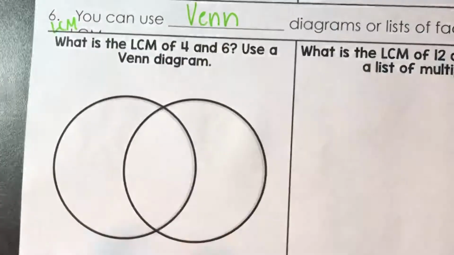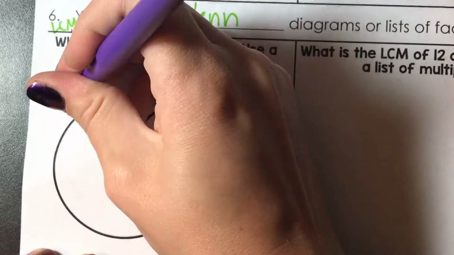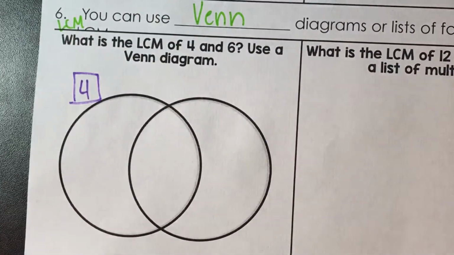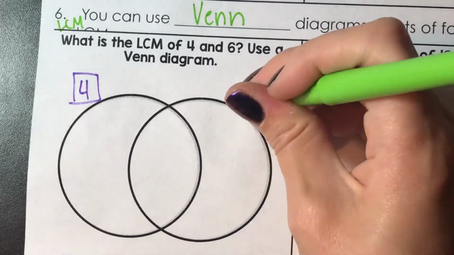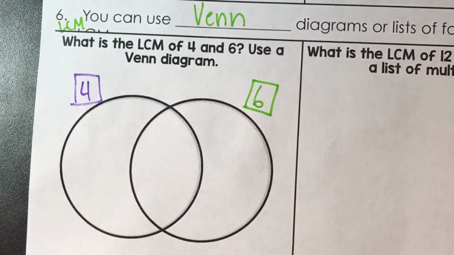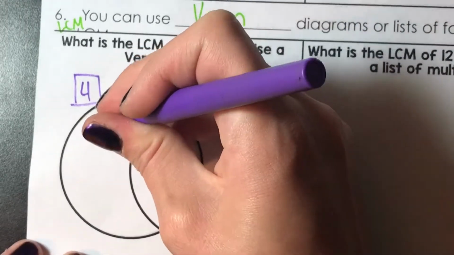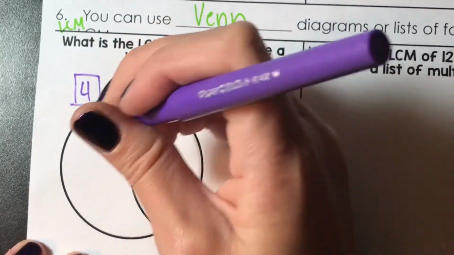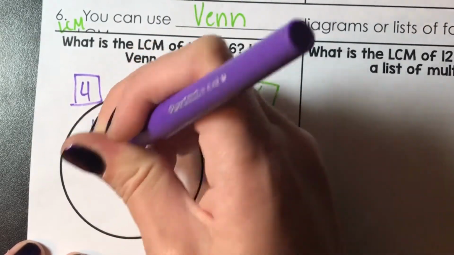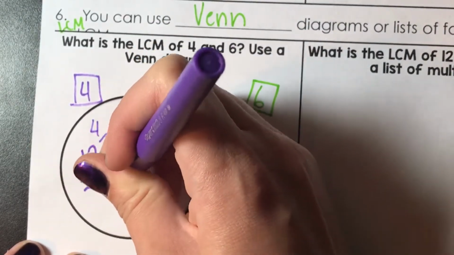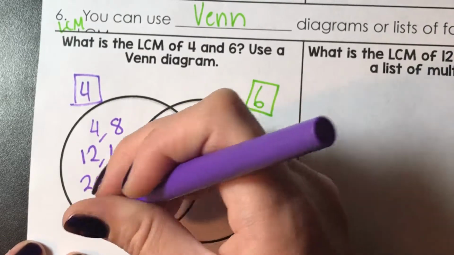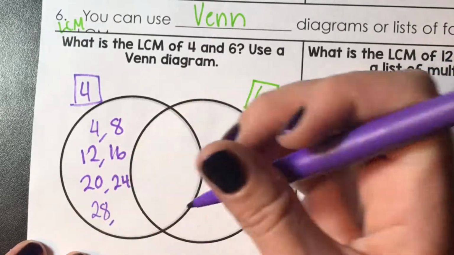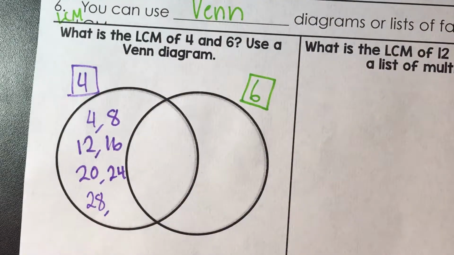What is the LCM of 4 and 6? So if I'm counting on, it's 4, 8, 12, 16, 20, 24, 28. I'll just pause there for now.